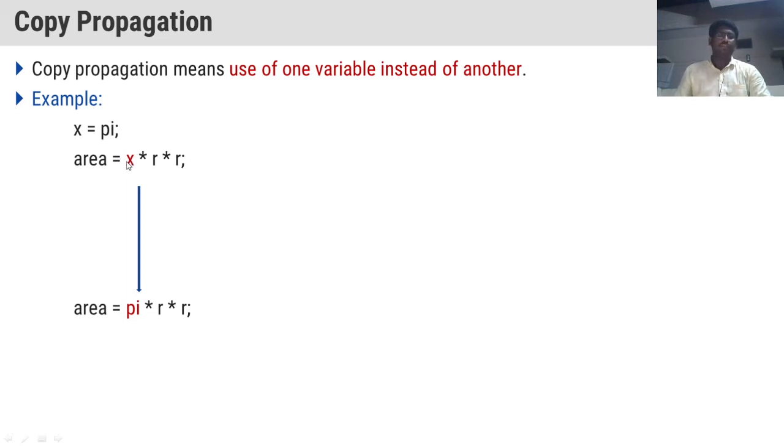So in the place of x, what are we substituting? The pi variable. Anyhow, this is useless here. We are assigning the variable pi to x, and then we are just substituting the same value in the place of pi, so the time taken for execution will increase.